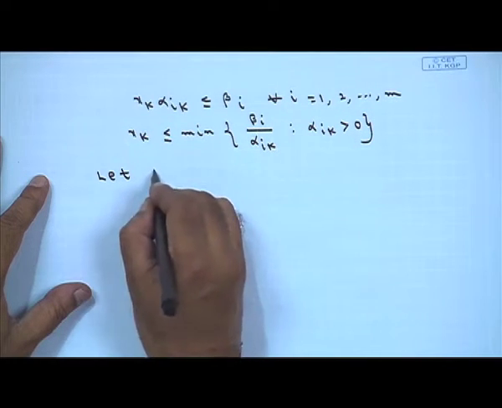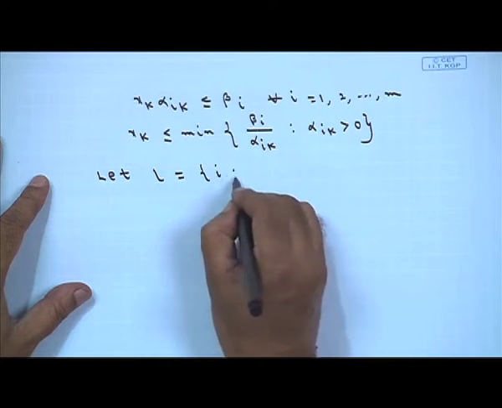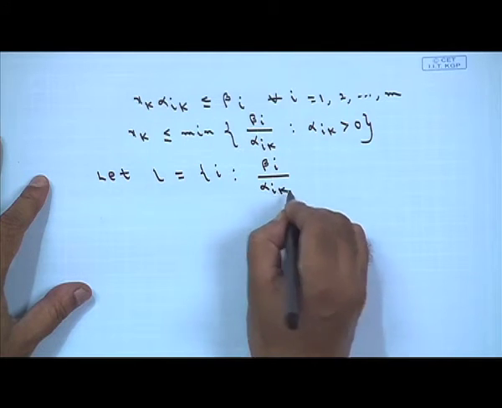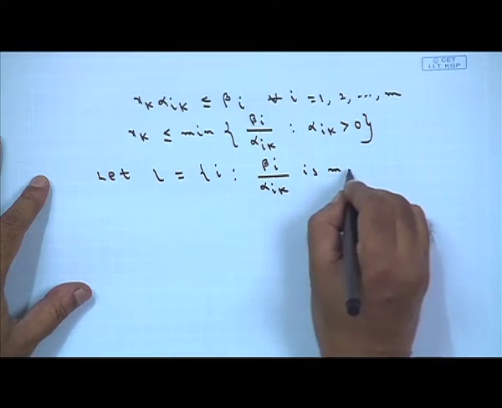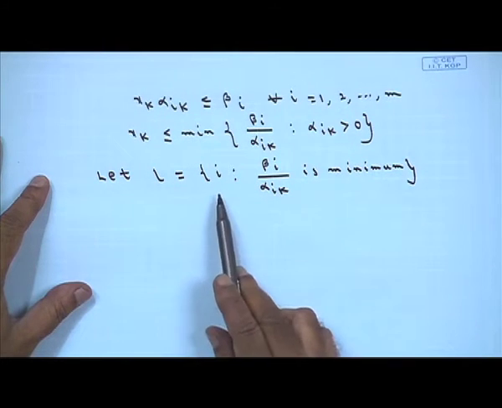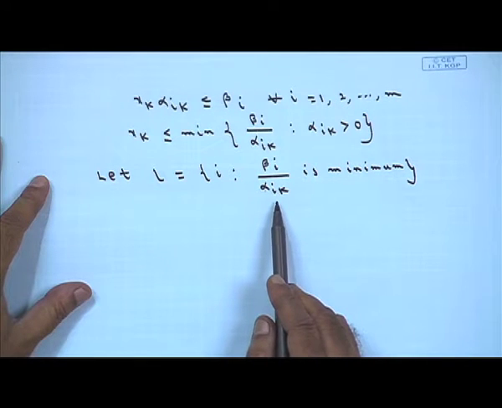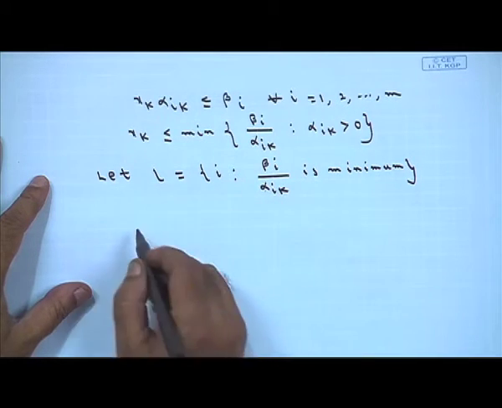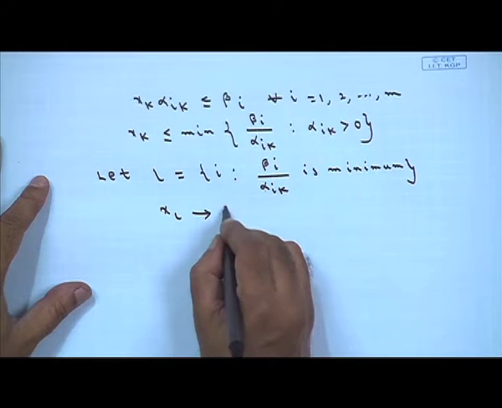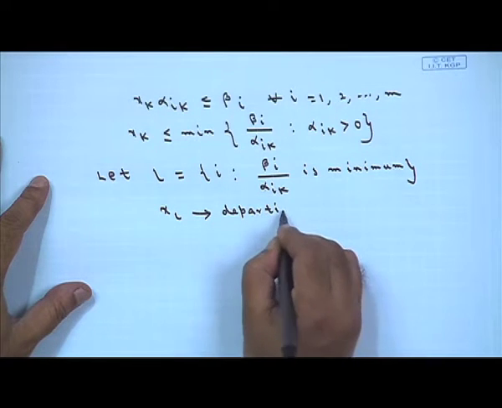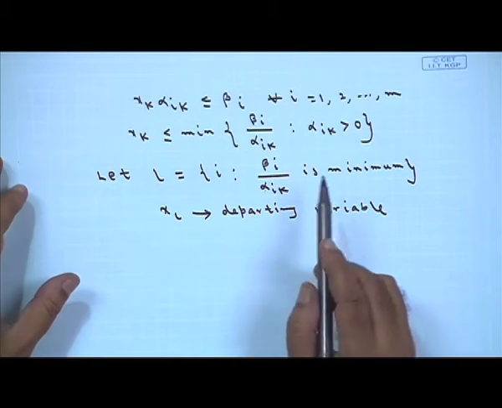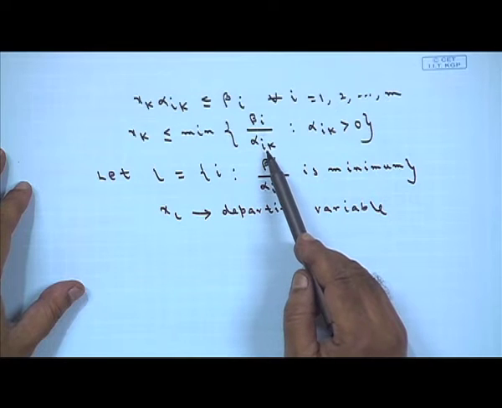If you assume L equals i such that beta_i by alpha_ik is minimum, then we say that this index L, that means x_L, will be the departing variable. In other words, we are finding the ratio of beta_i by alpha_ik.